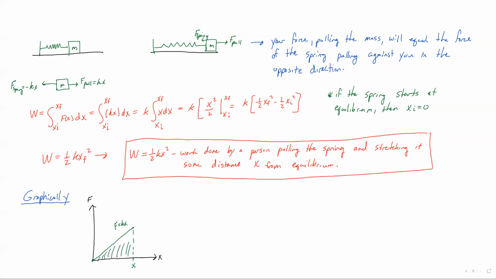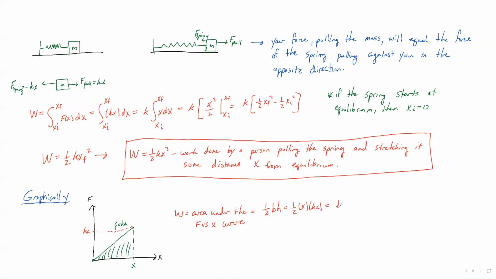So let's solve it that way. Work is the area under the f versus x curve. Well, that's going to be equal to the area of a triangle, 1/2 base times height. The base is going to be x, and this, of course, will be kx.